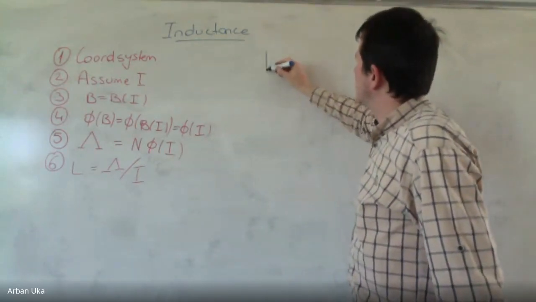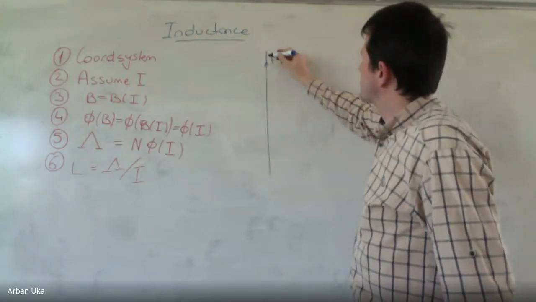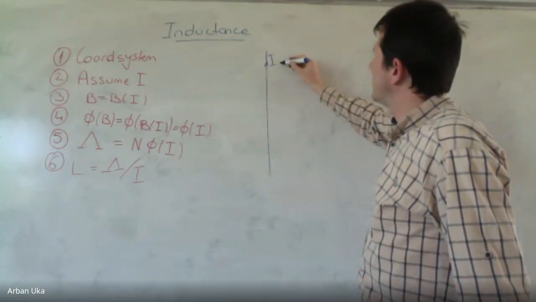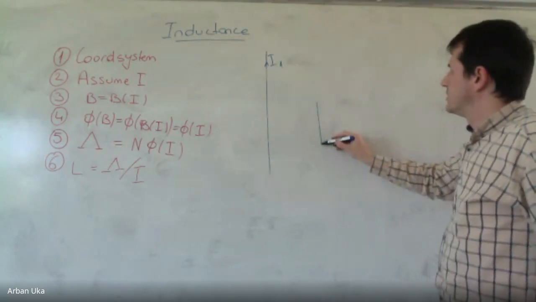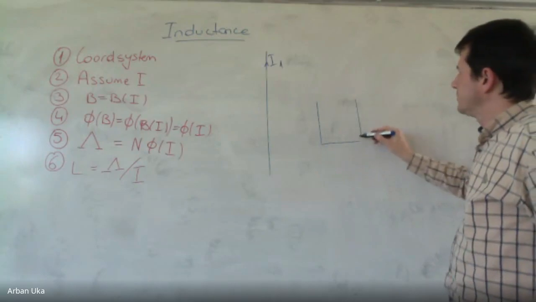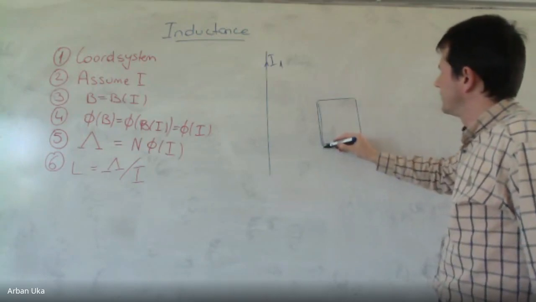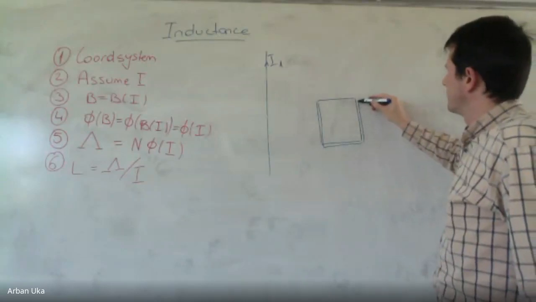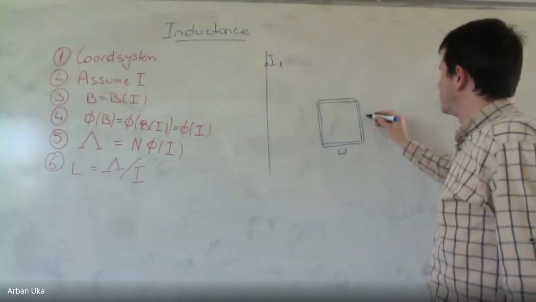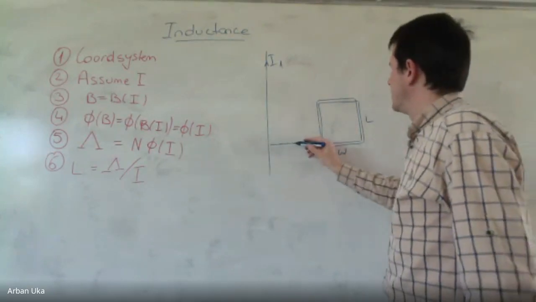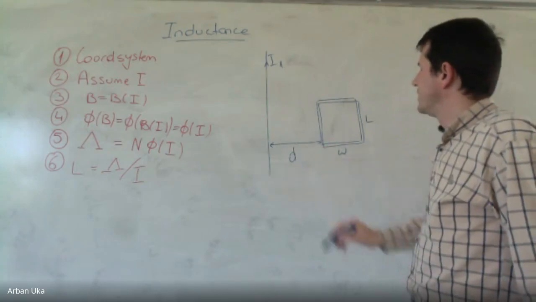Let's find what is the inductance between a wire which has a current I1 and the circuit which has a width W, a length L, and it is at a distance of B. That's the question.